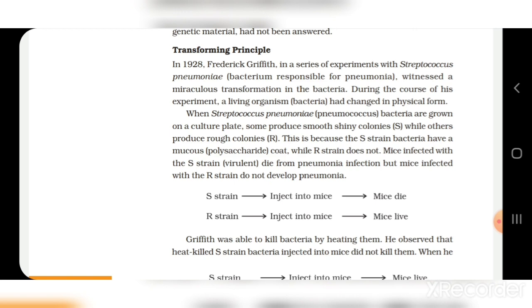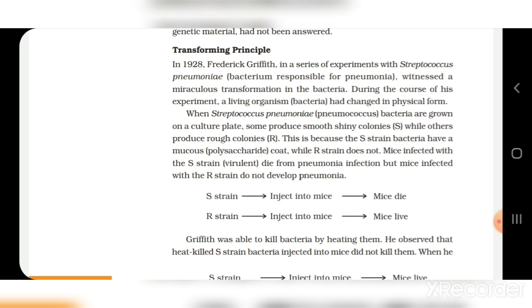Then he injected a heat-killed S strain. That means the S strain was heat-killed, and then it was injected into mice, and the mice did not develop the disease and remained alive.